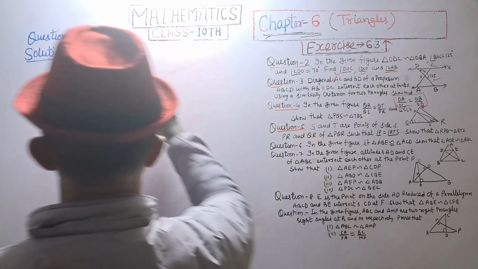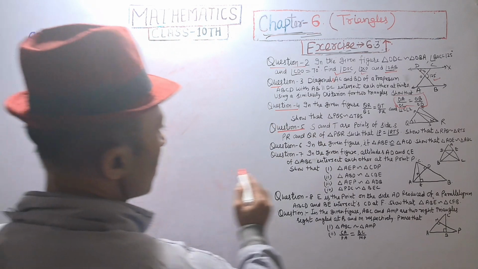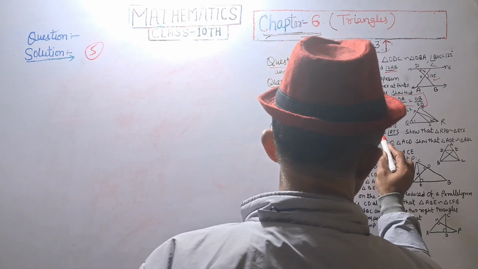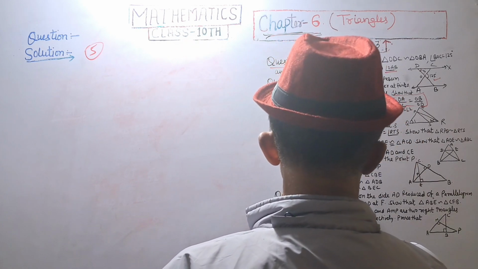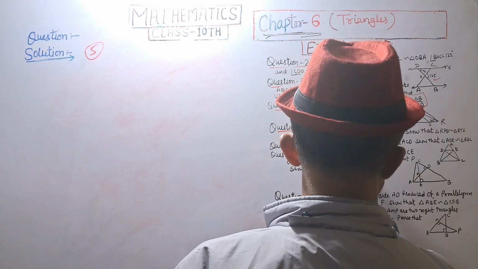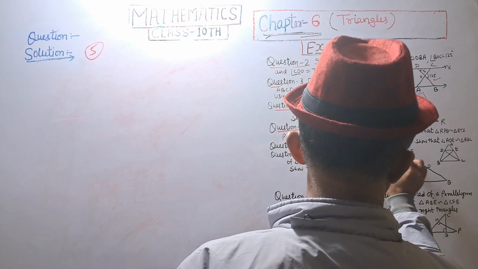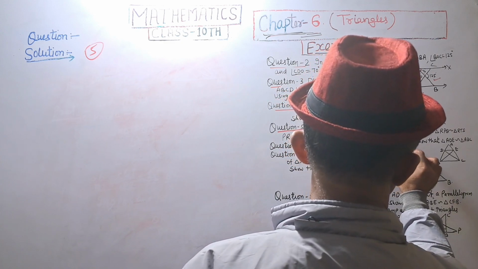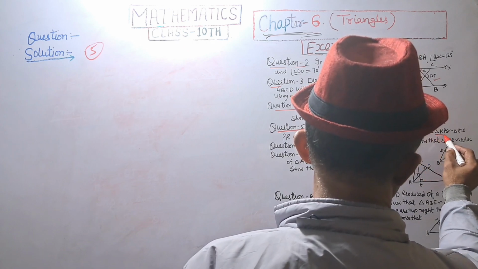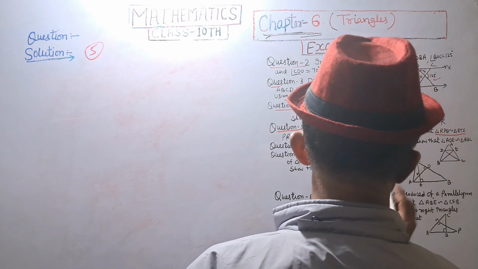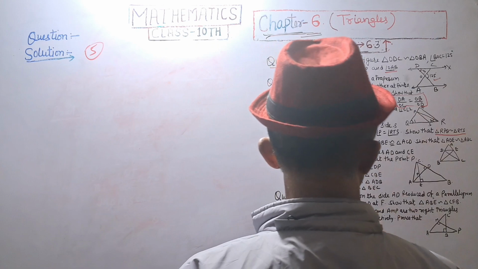Question number 5. S and T are points on sides PR and QR of triangle PQR such that angle P is equal to angle RTS. Show that triangle RPQ is similar to triangle RTS.